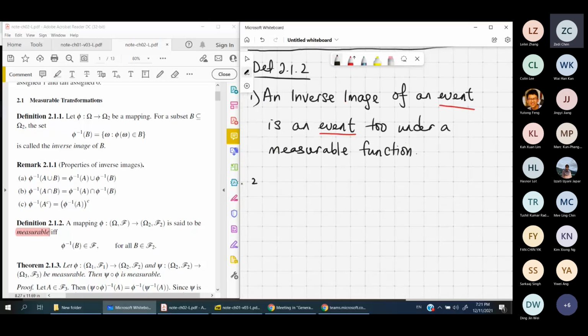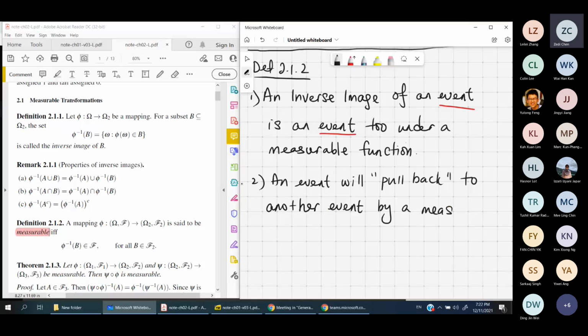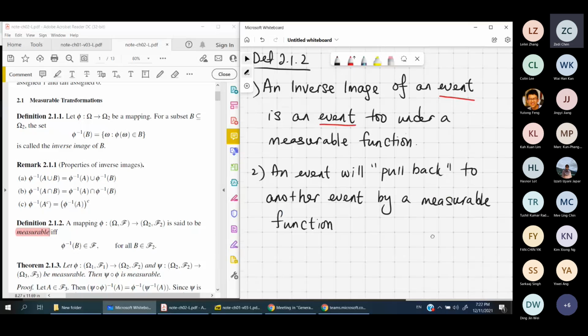We will say an event will pull back to another event by a measurable function. So the idea is like that.